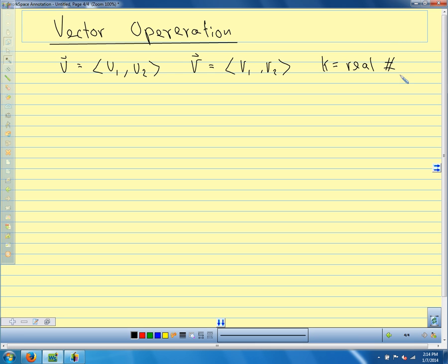And when we're talking about vectors, rather than calling them numbers, we call real numbers scalars. So we have vectors that have a direction and magnitude. We have a scalar, which is just a number.